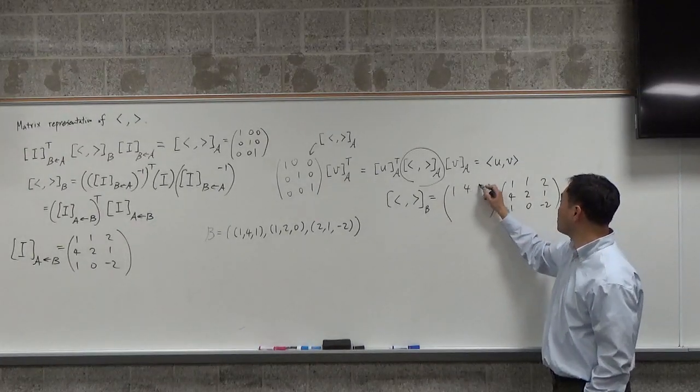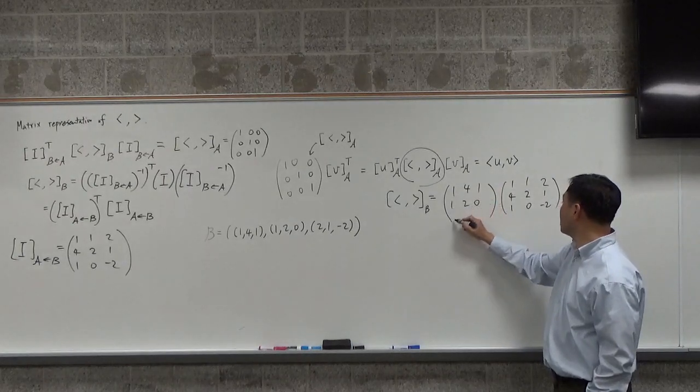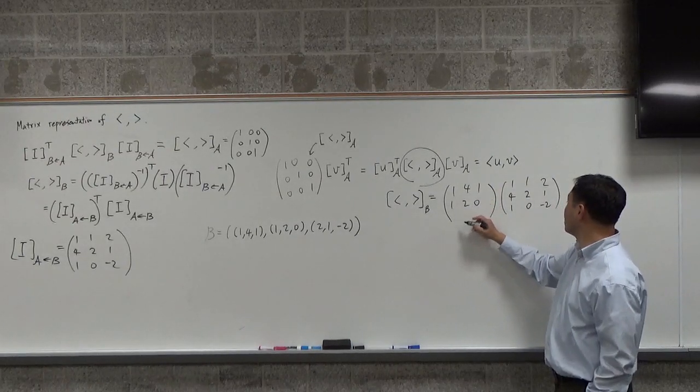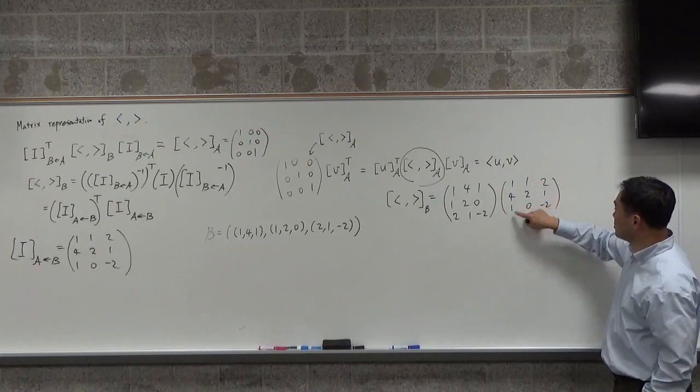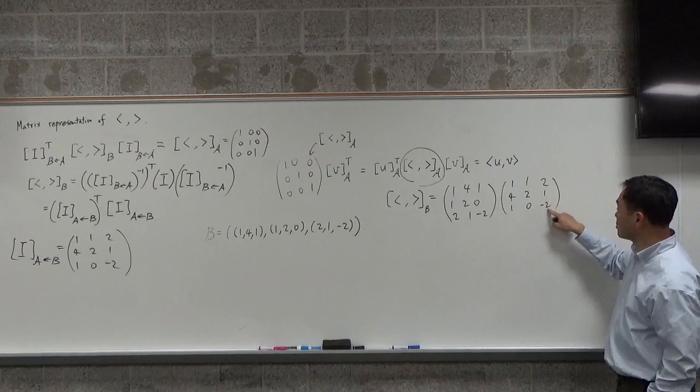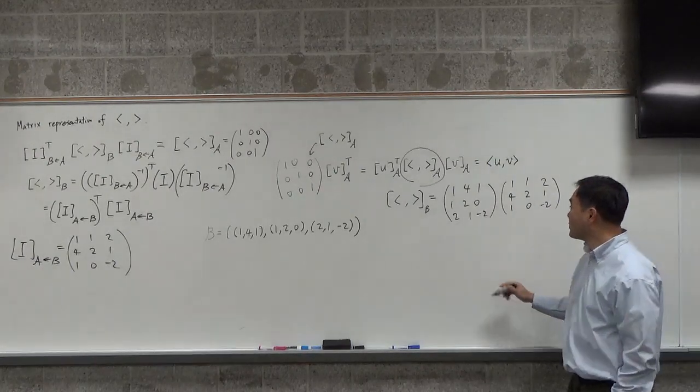So it's 1, 4, 1, 1, 2, 0, and then 2, 1, negative 2. Is that right? These switched, these switched, these switched. Okay, good. Yeah. So that's what you get.